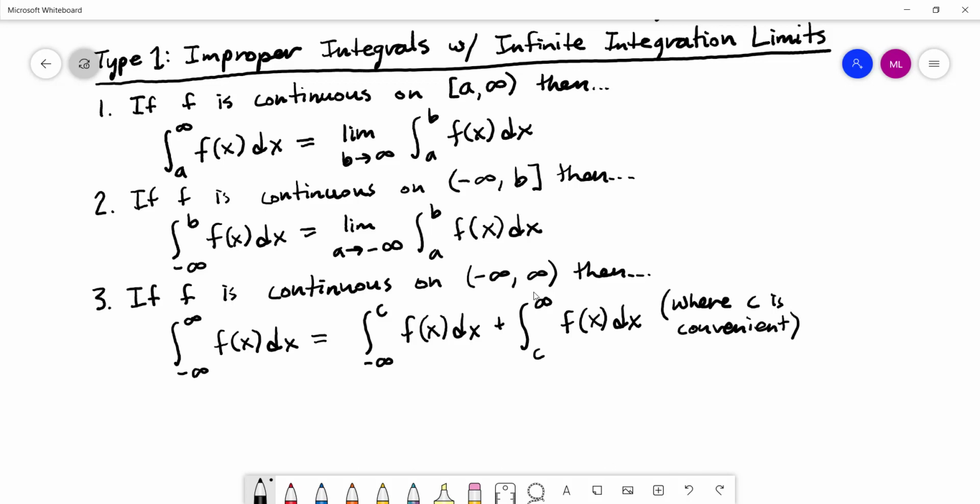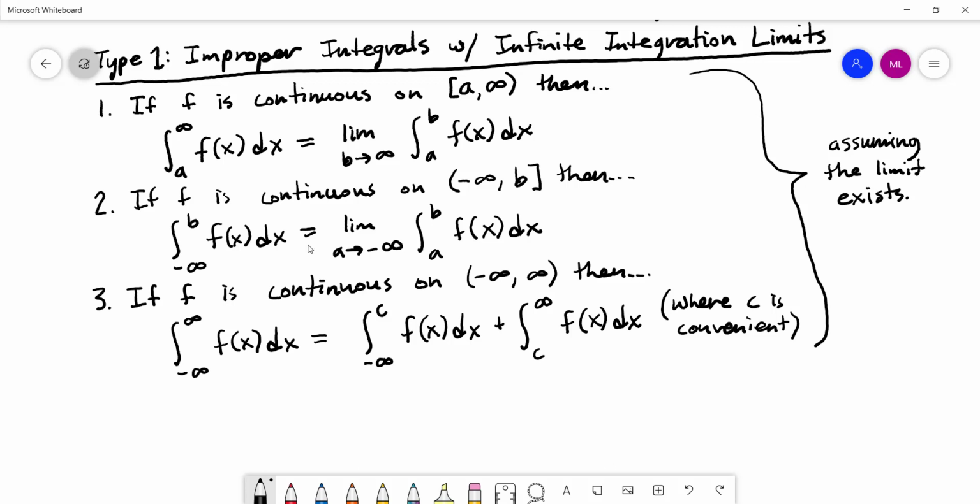Put that in place. And these are all true under the assumption that the limit exists. We will see cases where the limit doesn't exist. Basically, the limit blows up. It goes to infinity.